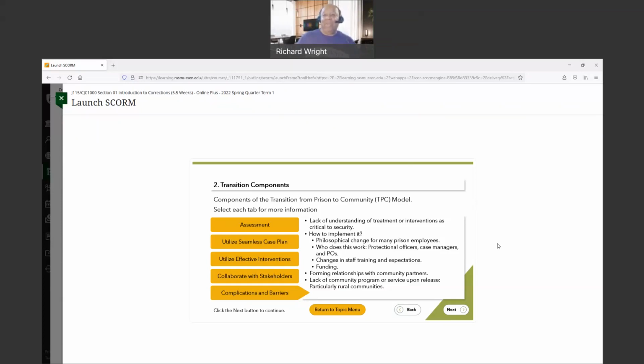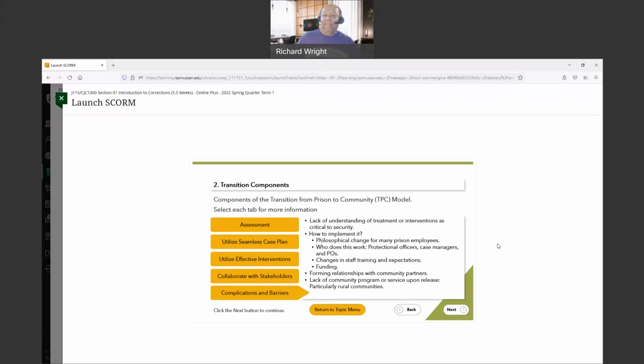Staff is constantly trained. Funding could be an issue because it takes money to provide many of the programs that are necessary to implement the TPC model. Relationships with community partners, organizations that can help individuals depending on what their needs are.